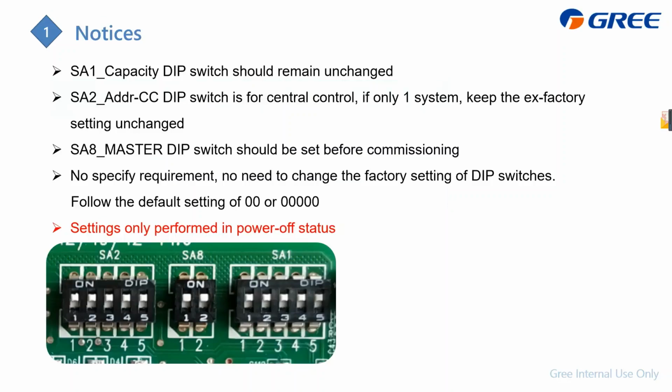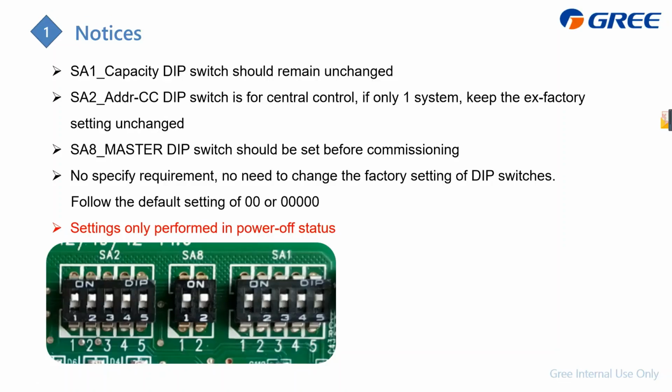Some notes here. SA1 needs no change. SA2 is the address for the whole system, so if you do not want to realize central control for multi-system, there's no need to set SA2.